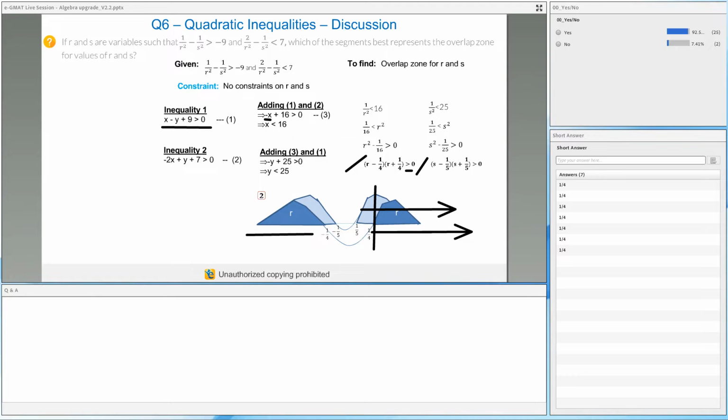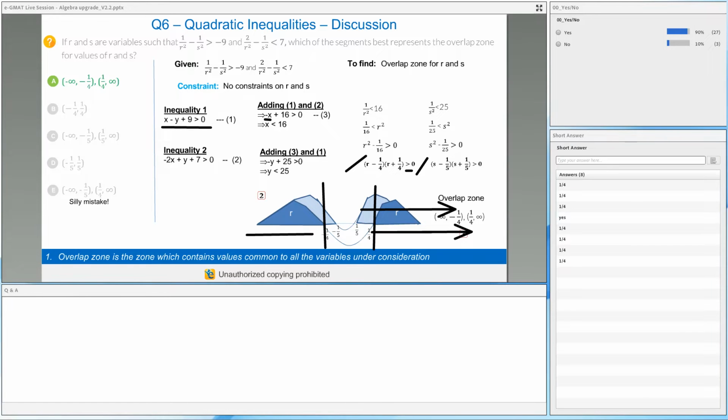You can do the same visualization here, and you'll notice that the common part is starting from here. Is this clear, guys? If you have any doubts, please ask. Since the common part is starting from these two parts, the answer in this case would be option A. Okay? So please keep this in mind.